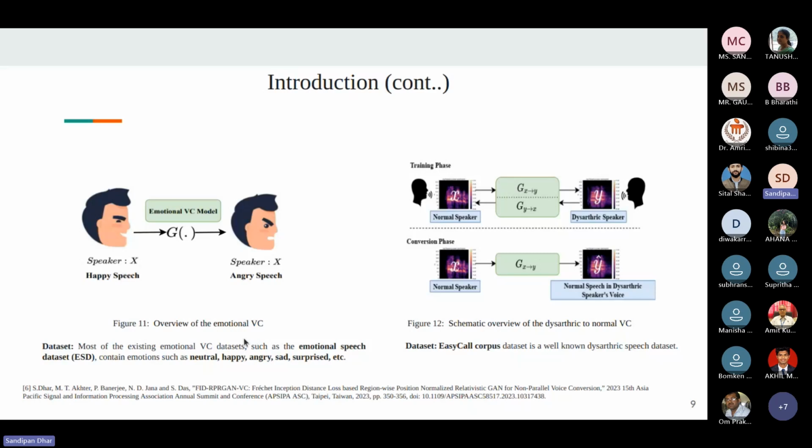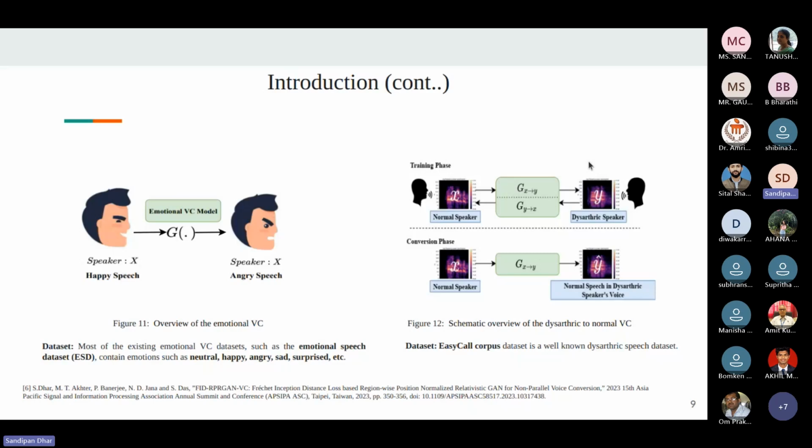Then there is another type of voice conversion called dysarthria to normal voice conversion, or some pathological speech to normal voice conversion. So I have shown one specific diagram in figure number 12, where we have a parallel corpus, parallel utterances, the same speech uttered by one dysarthric speaker and one normal speaker.